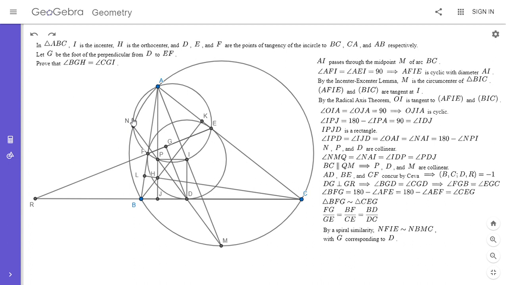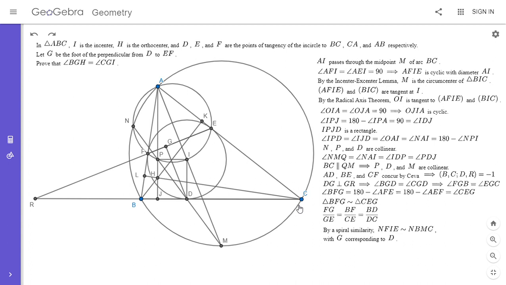So, said another way, triangles NFE and NBC are similar. But not only that, the whole quadrilaterals NFIE and NBMC have to be similar, because I is the midpoint of arc FE of the circumcircle of NFE, and M is the midpoint of arc BC of the circumcircle of NBC. Not only that, from this ratio up here, G breaks up the segment FE into the same ratio that D breaks up the segment BC.